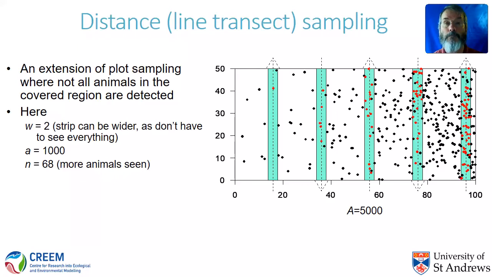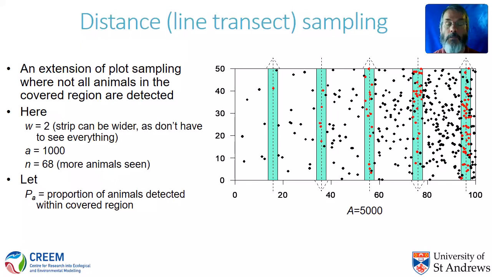Unsurprisingly, if the green region is larger, the number of animals we detect is larger. And so now we're going to work with this value 68 to try to produce an estimate of the number of animals in the entire study area.